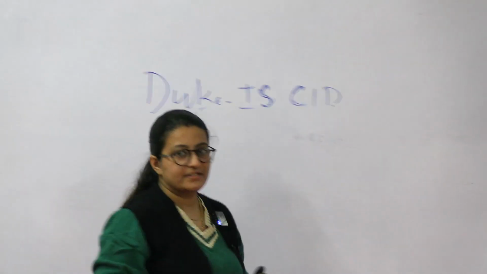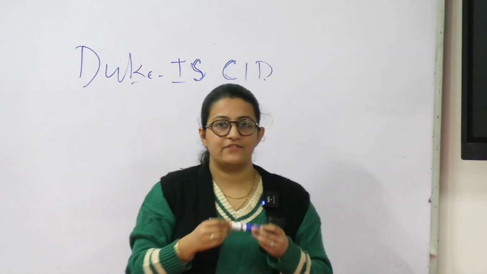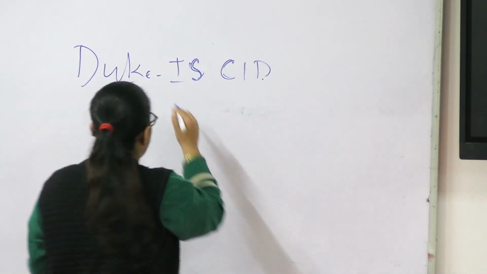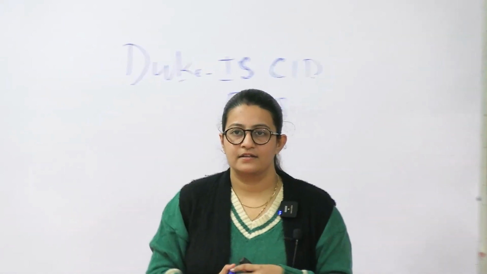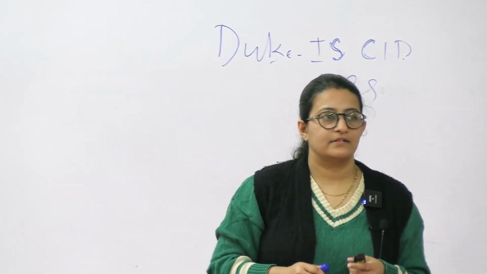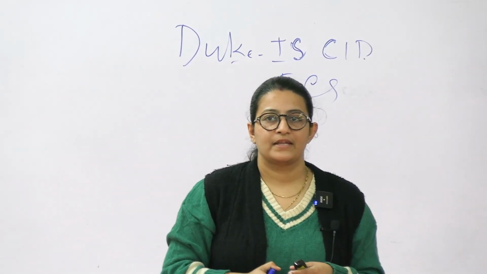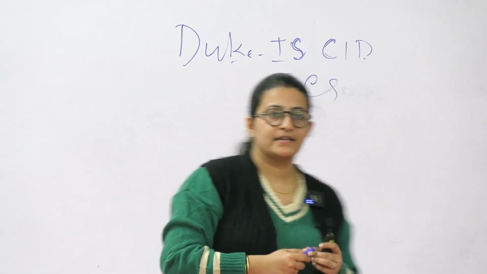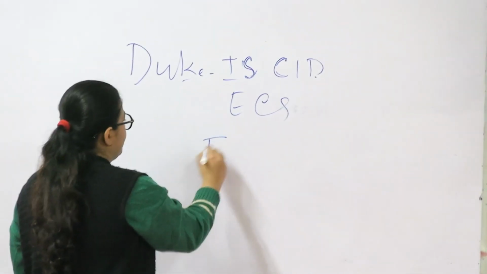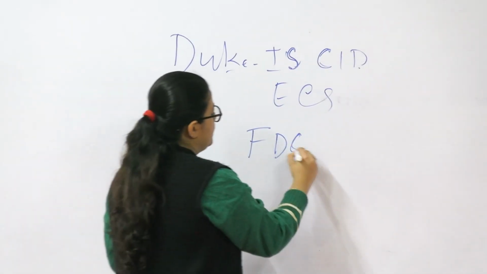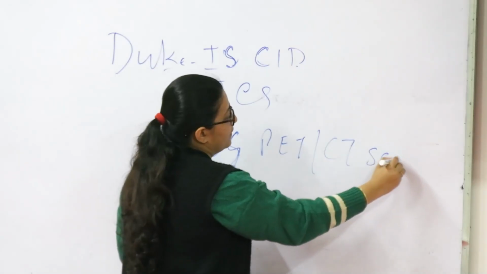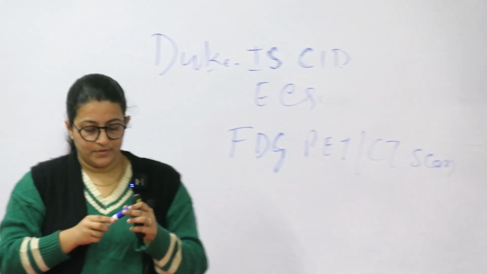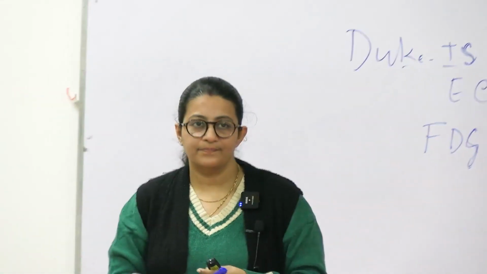So you have the International Society for Cardiovascular Infectious Diseases and the European Society of Cardiology. What they have included in this is another criteria known as FDG PET or CT scan. So this again improved the specificity of the diagnosis.